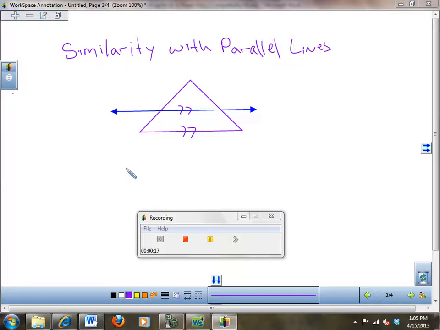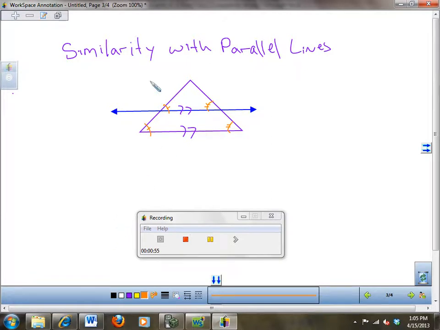No, they're not... very good. Okay. So what Kevin just said is correct. Because these lines are parallel, this angle has to be congruent to this angle, right? And this angle has to be congruent to this angle, and therefore this little triangle has to be similar to that big triangle, right?